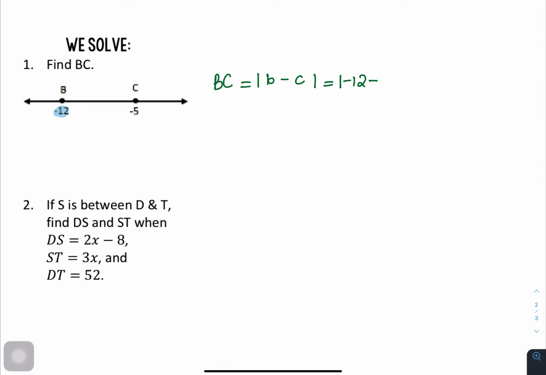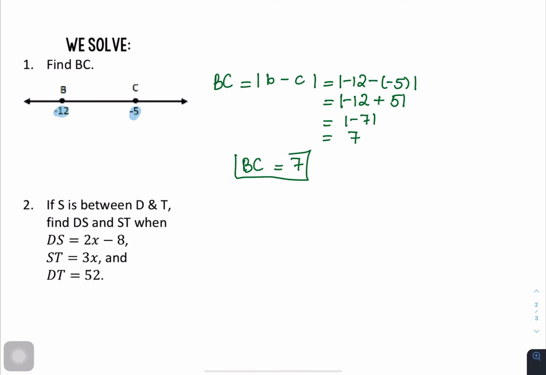Minus the location of C. What is the location of C? -5. So minus of -5. Minus of a negative, again, two negative signs give you a positive. -12 plus 5 is -7, and the absolute value of -7 is +7. So I know that BC is 7.